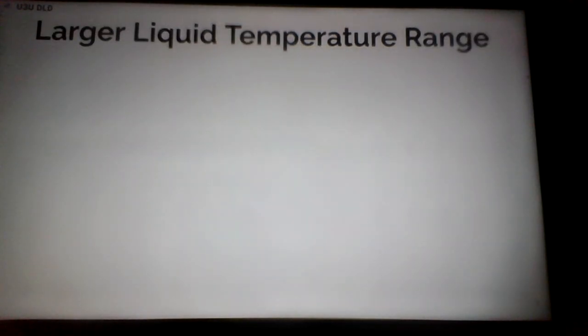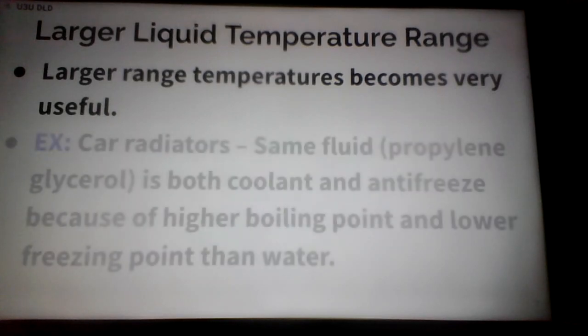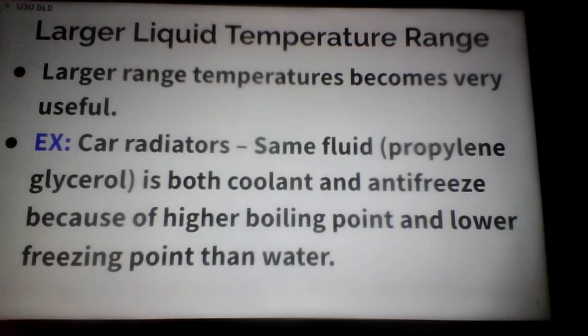Larger liquid temperature range. What is this all about? Well, this means that the boiling point will go up and the freezing point will go down. The larger temperature range becomes very useful. Think of engines. We need to use antifreeze. What is antifreeze? It's a thick fluid that helps regulate the temperature of the radiator so the car doesn't break down.